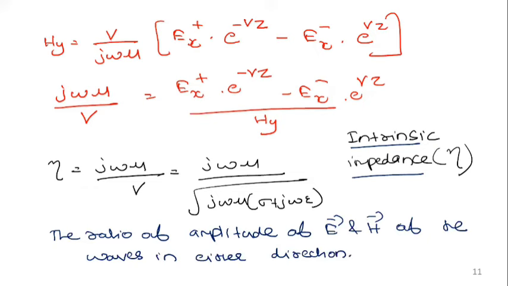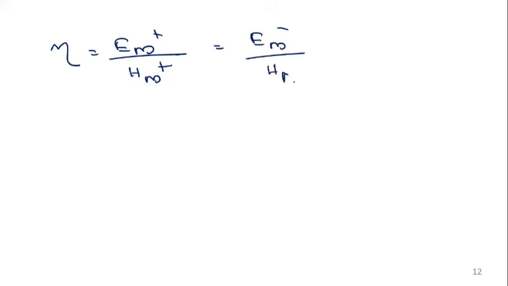It is denoted by eta, and the unit is ohm. By equation, eta is equal to Em plus divided by Hm plus, or it can even be Em minus by Hm minus.